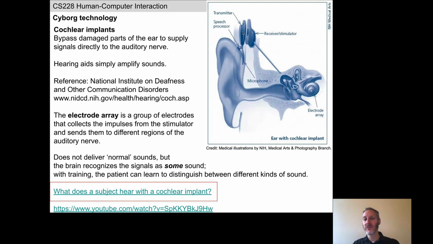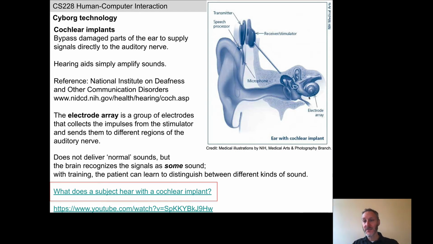That speech is provided to a transmitter that transmits waves wirelessly across the skull and is received by a receiver on the inside of the wearer's skull. That electrical signal received from the transmitter is supplied to an electrode array that you can see is surgically implanted in the spiral-shaped cochlea.